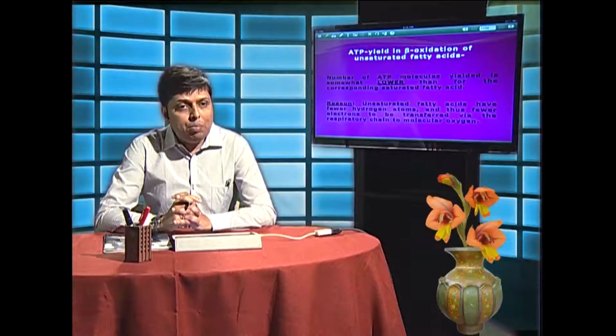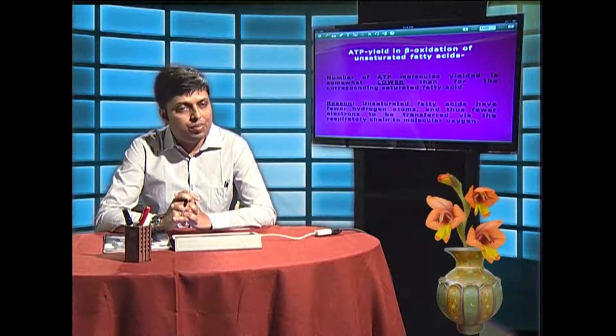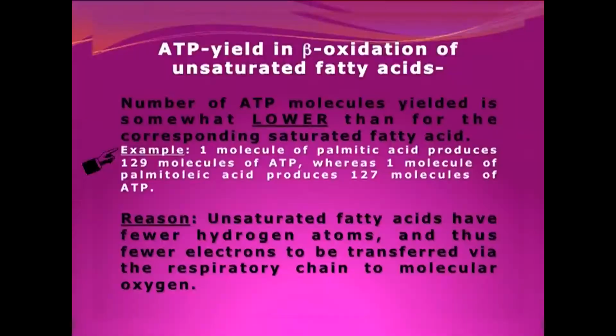Coming to the ATP yield in the beta oxidation of unsaturated fatty acids, the ATP yield or the energy yield is much lower in comparison to the beta oxidation of saturated fatty acids. Why is this so? Because there are fewer hydrogen atoms present in the unsaturated fatty acids.